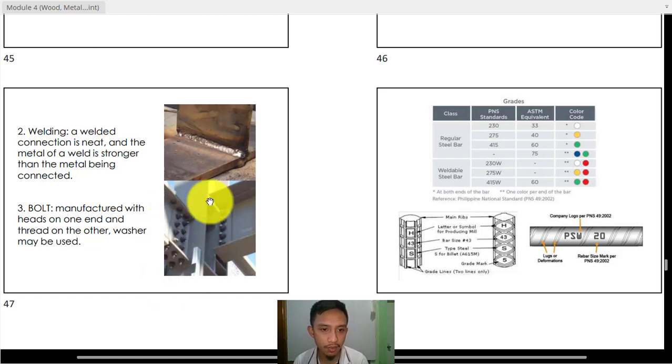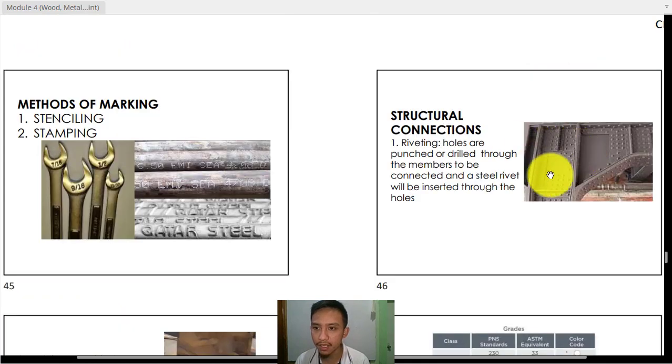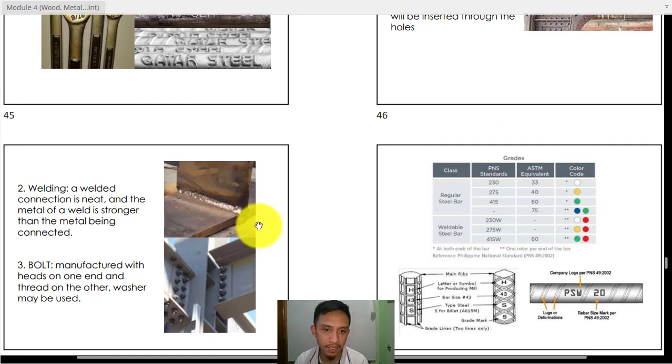That is the common challenge in using bolts, since the holes are already punched during manufacturing before they bring the member to the site, while with rivets they can do the punching on site, since that might be a thin member of metal.